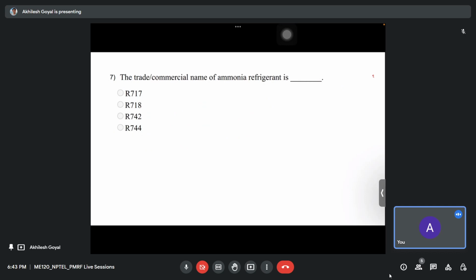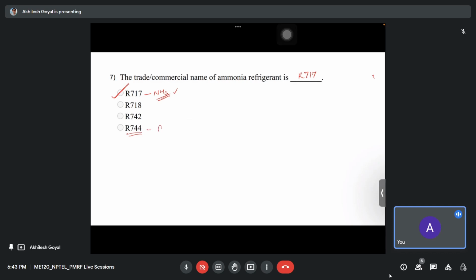So the next one is, the trade or commercial name of ammonia refrigerant is. As we saw in the initial slides, the ammonia is given the commercial name R717. So this is the NH3 ammonia. So option 1 is the right one, and here you can see option D as R744.